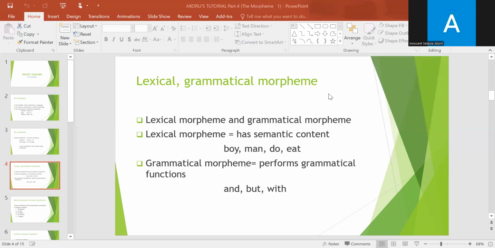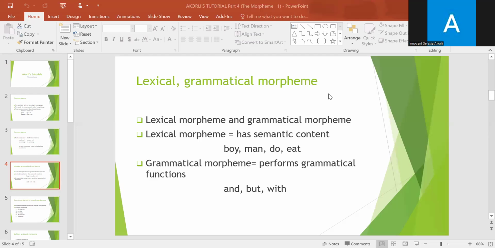Probably somebody taking steps, moving from one place to another. Or if you take go plus es, es may not have any semantic content, as in to be defined, except that it is added to a verb, then it makes meaning. So when we talk about lexical morpheme, we are talking about words basically.